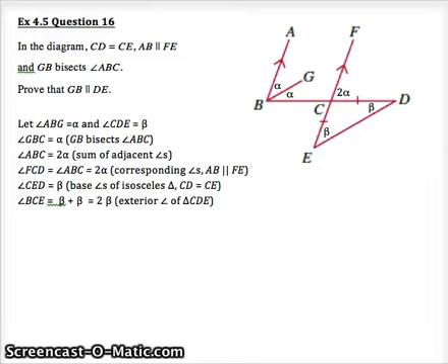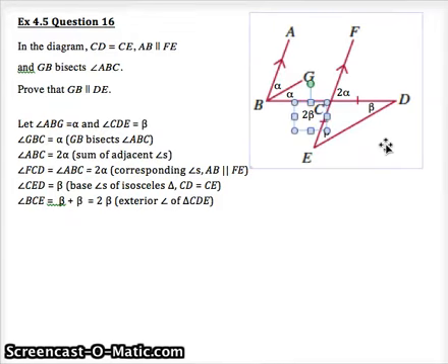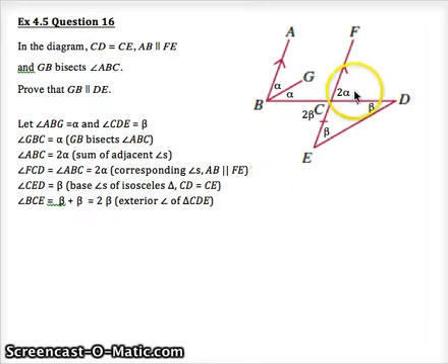And I'll just mark that in on the diagram as well. The only thing is that C is in the way, so I'll just put that 2 beta down there, but it should be where the C is. Now we can see that this 2 alpha equals 2 beta because they're vertically opposite angles. But we'll just formalize this and say that angle FCD is equal to angle BCE because they're vertically opposite angles. So I'll just write that in now.